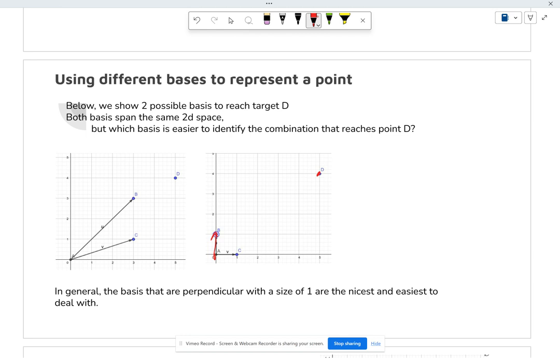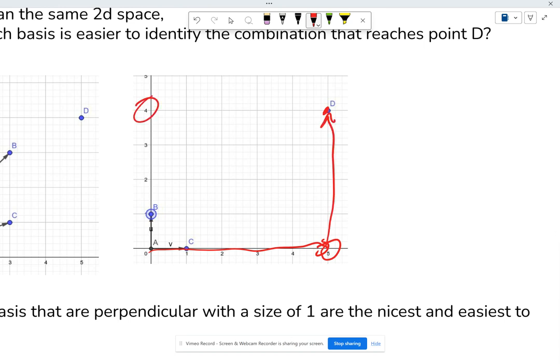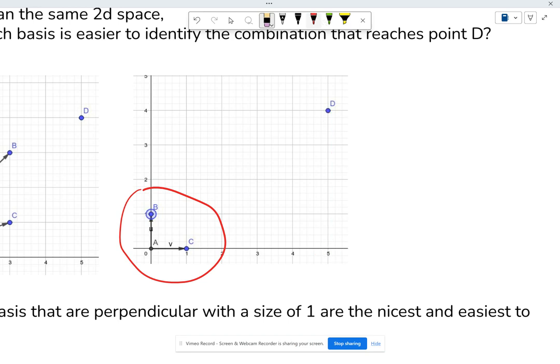The size is 1, and this size is 1, and they are perpendicular to each other. Therefore, over here, we can almost read it, right? So this is 5 of these, and then 5 of these, and then 4 of these. These are called orthogonal or orthonormal bases, and having these bases would be really, really nice.